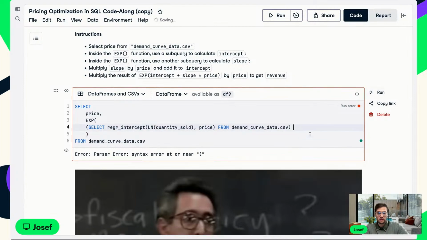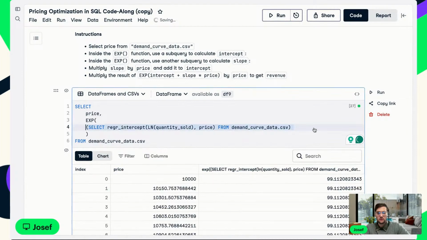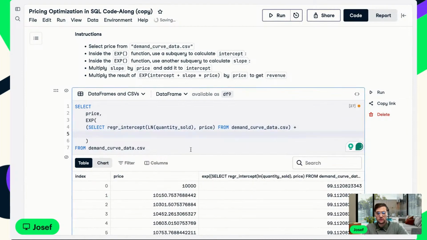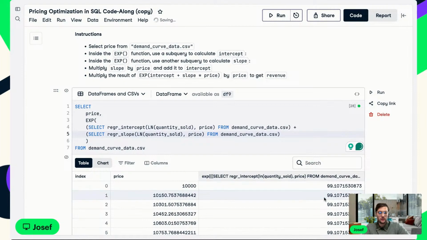Okay. I have the intercept. And now I add it to another subquery. It's very easy to get tripped up with the parentheses within these subqueries. But I will solve this issue. I think I probably just misspelled something. ln of quantity sold, price from demand curve data dot CSV. There we go.